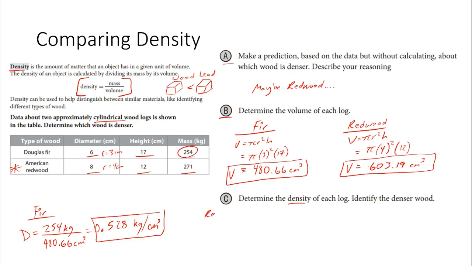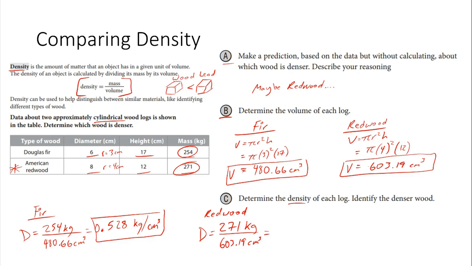And let's take care of the redwood. Okay, so that redwood density is again the mass, which is 271 kilograms. Do not ignore the units, kilograms, divided by the volume, which was 603.19 cubic centimeters.